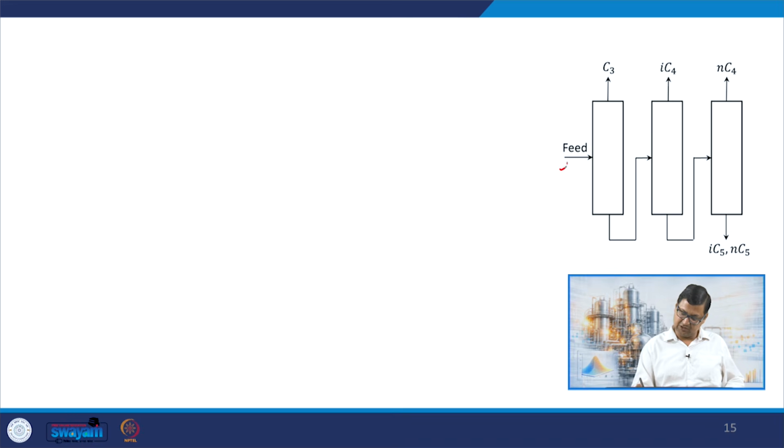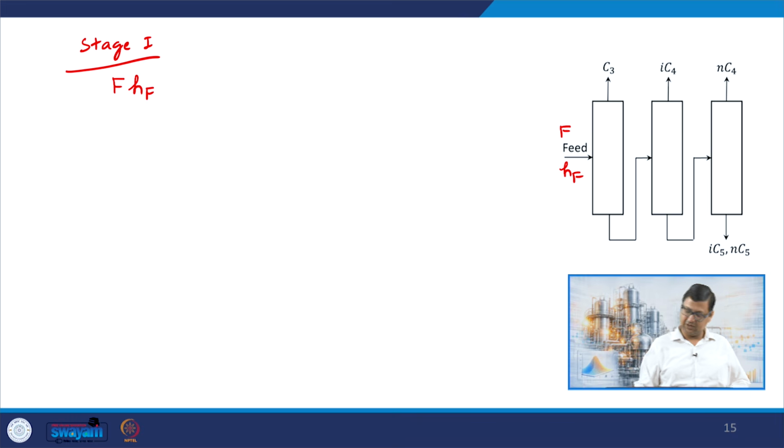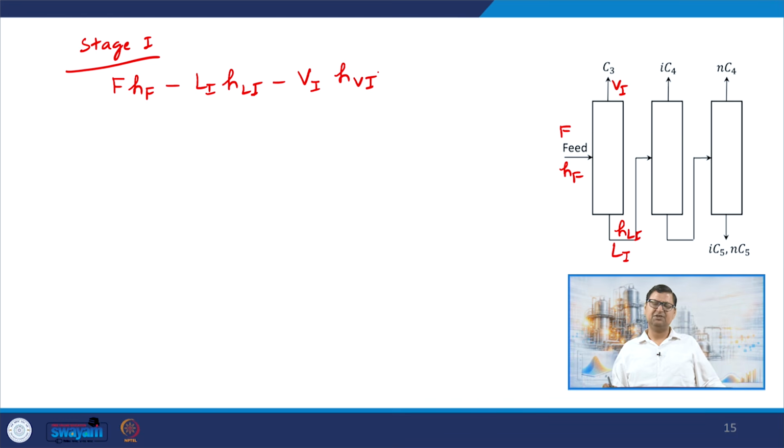So the H equation is going to have F HF, that is coming in the first stage, and what is leaving is my L1 HL1, and what is also leaving is my V1 HV1, and there is no heat information provided. So you can assume that it is probably adiabatic. So that quantity is going to be equal to 0.